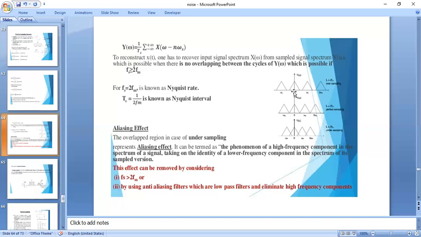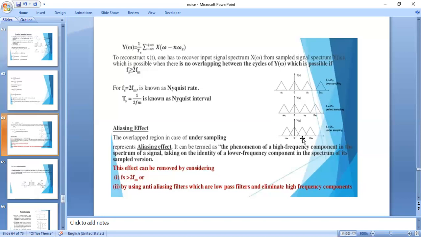See here, if Fs is very much greater than 2 FM, we have spacing between the spectrum intervals. If Fs is equal to 2 FM, it looks like this, and if Fs is less than 2 FM, you will get the overlapped spectrum, so the cycles will be overlapped.